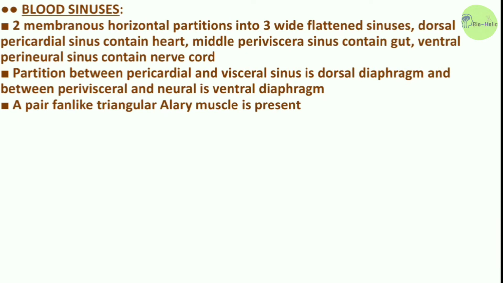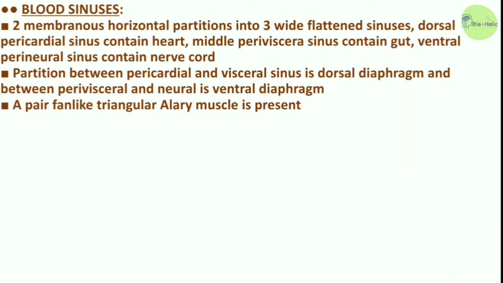Now the blood sinuses. Two membranous horizontal partitions divide it into three wide flattened sinuses. The dorsal pericardial sinus contains the heart, the middle perivisceral sinus contains the gut, and the ventral perineural sinus contains the nerve cord.